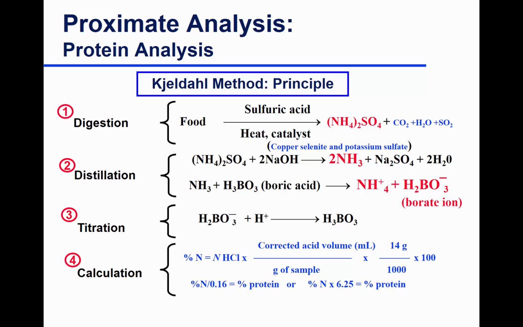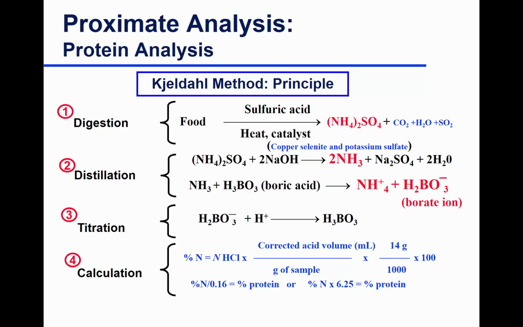So ammonia and water will be vapors, and then they will be distilled into a container that has boric acid and an indicator. The indicator is methyl red in this case. So boric acid and methyl red will give you red color.